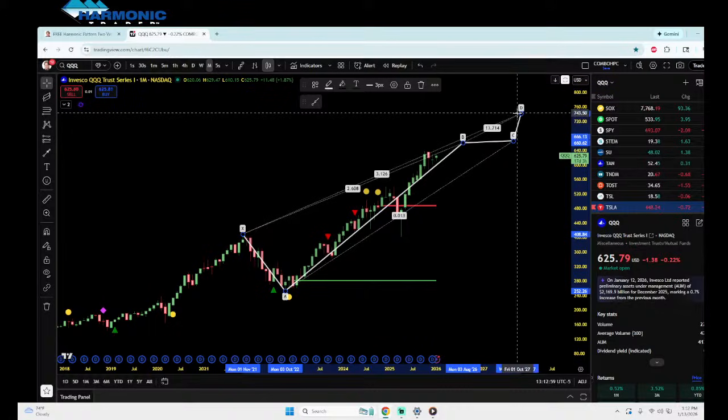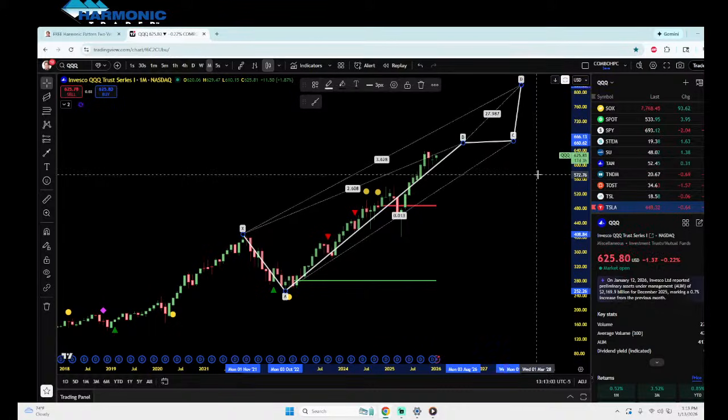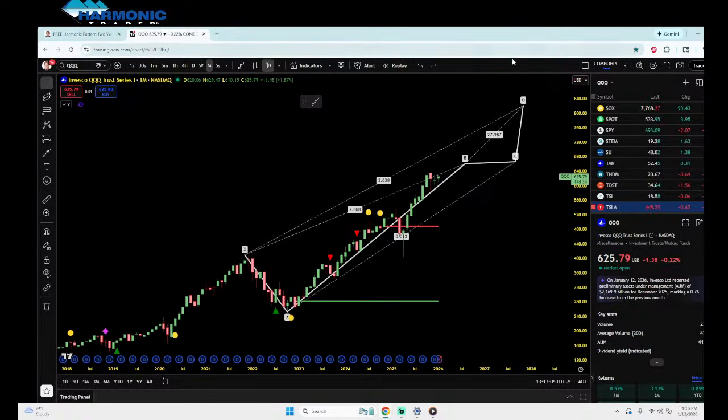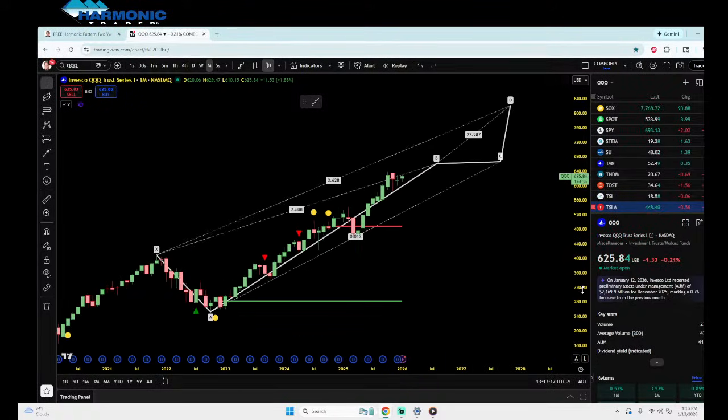There's the 314, 740, and the 3618. This is something I laid out last January.